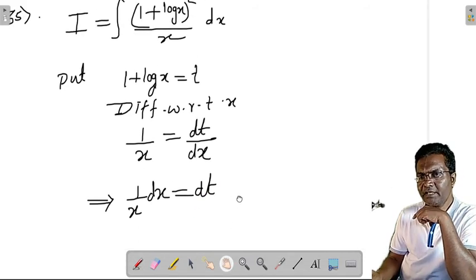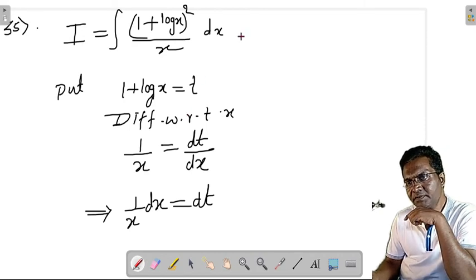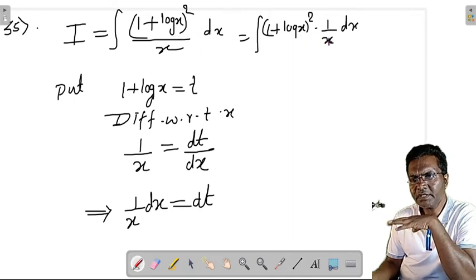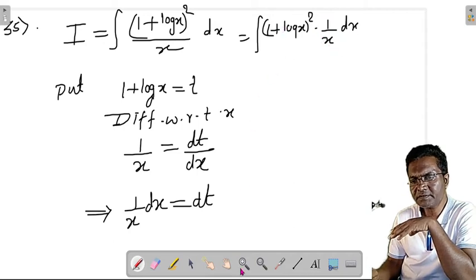Here we have 1 by x dx and that is your dt. For your understanding, I can keep it like this also: 1 plus log x whole square into 1 by x dx, because this is the derivative of this.